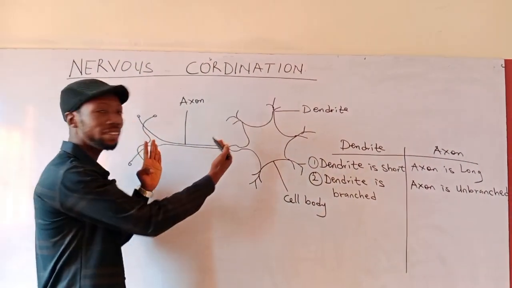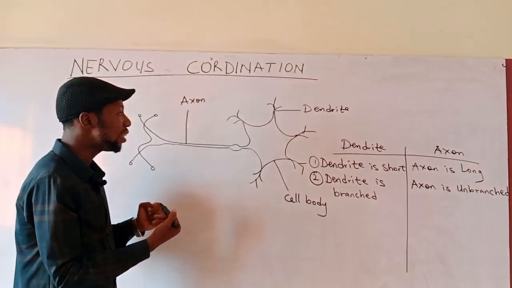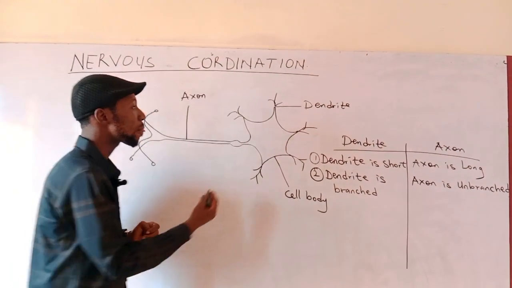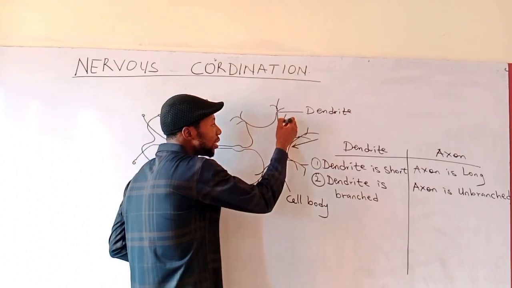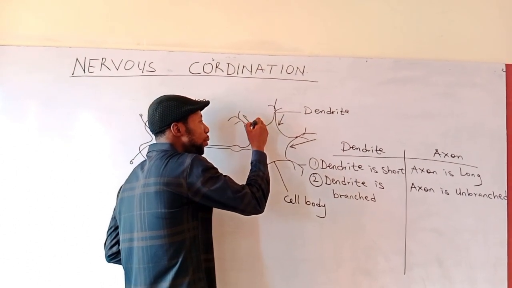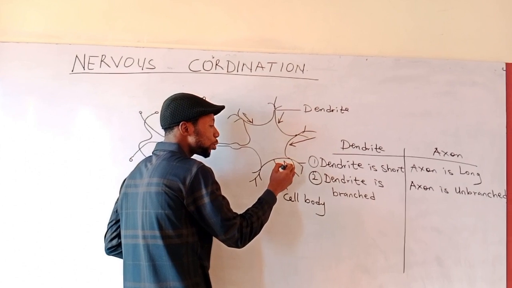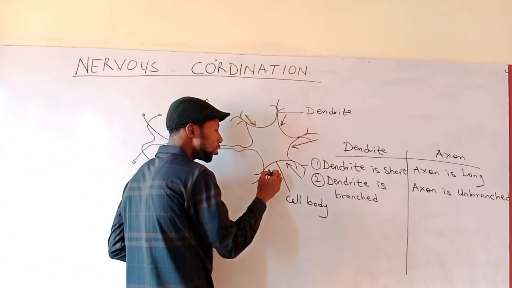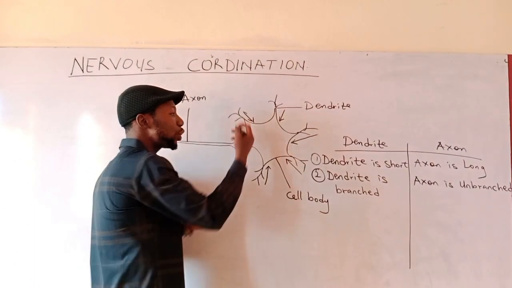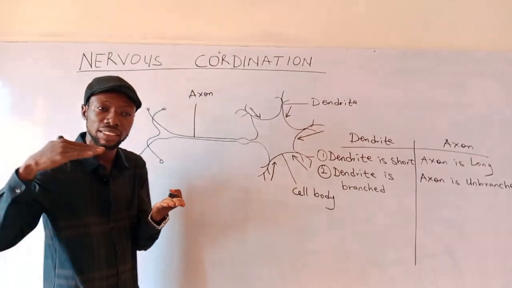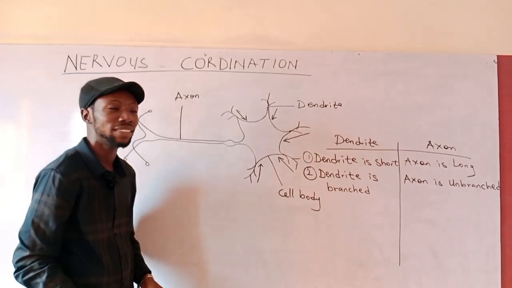Okay, as you can see from the picture. Then the last difference is that the dendrite sends impulses towards the cell body. When the dendrite makes an impulse, it sends it in this direction, to the cell body. The arrow here indicates the direction towards which the impulse is being sent by the dendrite.